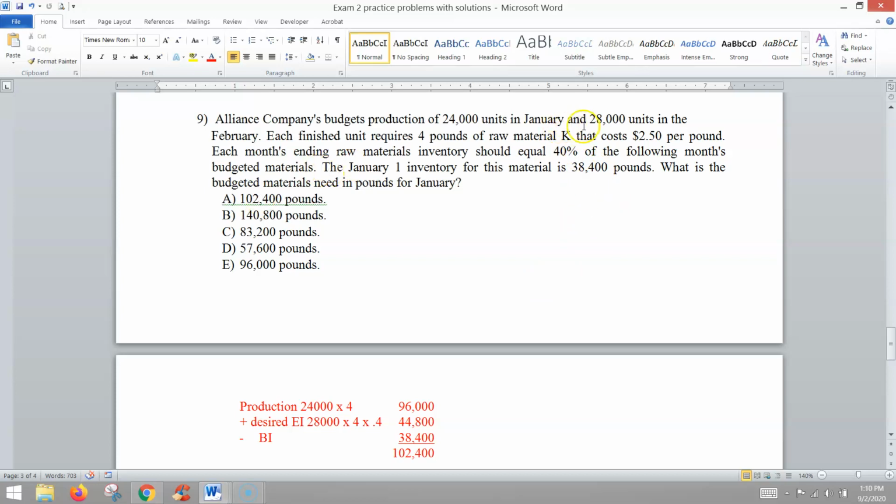The following month's budgeted production is 28,000 for February. So we're going to take 28,000 units times 4 pounds times the 0.4, the 40%, and we get 44,800. Then we're going to subtract the amount that we have in beginning inventory. That's given to us as 38,400 pounds. When we add those two together and subtract our beginning inventory, we get 102,400 for budgeted materials in pounds.